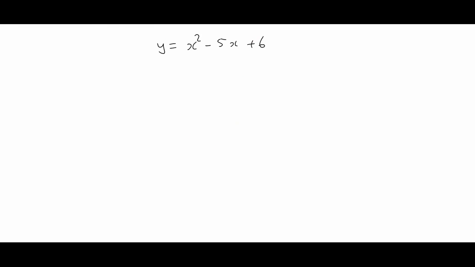So let's consider this quadratic here, y equals x squared minus 5x plus 6. First of all, we note the shape. The coefficient of x squared is 1, so the shape is like that.